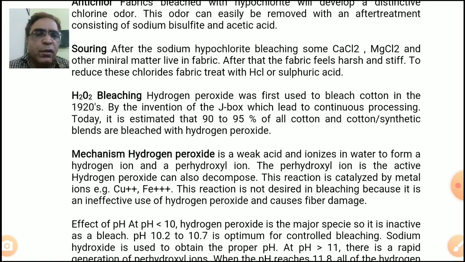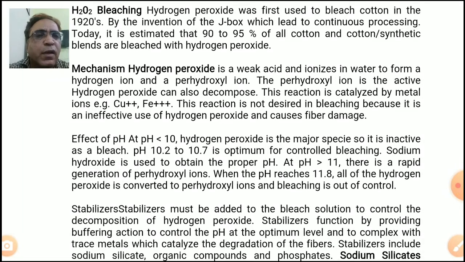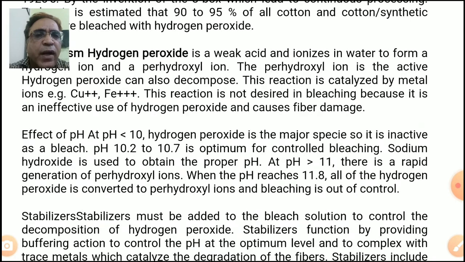Perhydroxyl ions are formed, which are basically the active bleaching agent that provides the bleaching action. In the pH range between 10.2 and 10.7, the hydrogen peroxide decomposes and perhydroxyl ions are formed. In this pH range, we get the bleaching action of hydrogen peroxide.